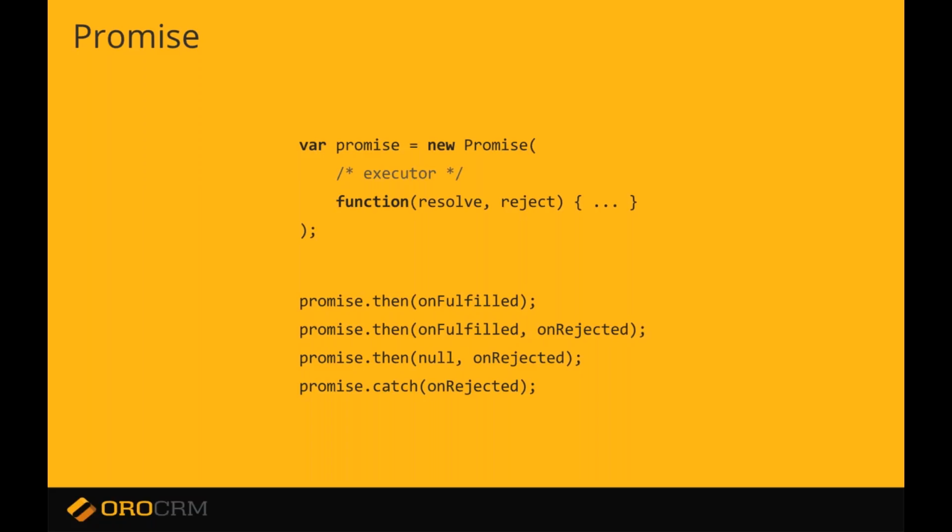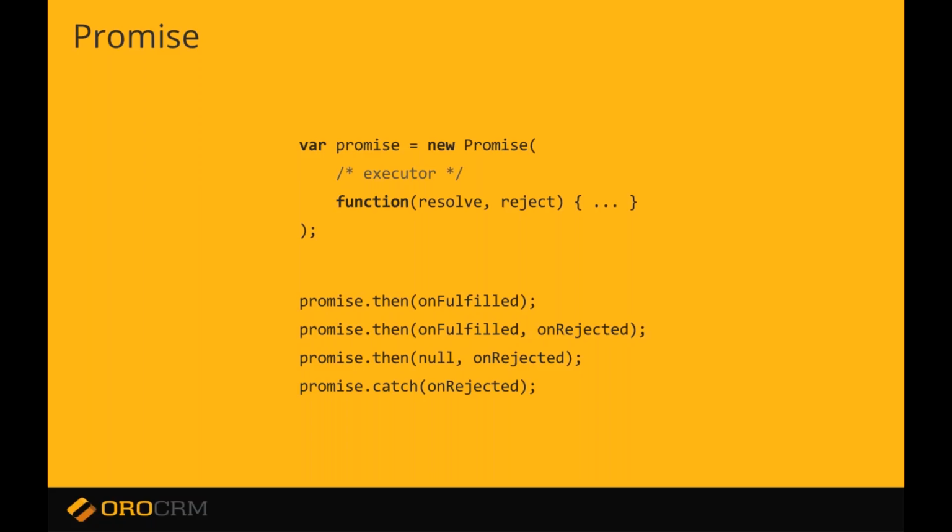But JavaScript provides a bit different, other way to deal with such actions. It's called promises. A promise is an object that provides a way to handle an asynchronous action and handle a successful result or a failed result.